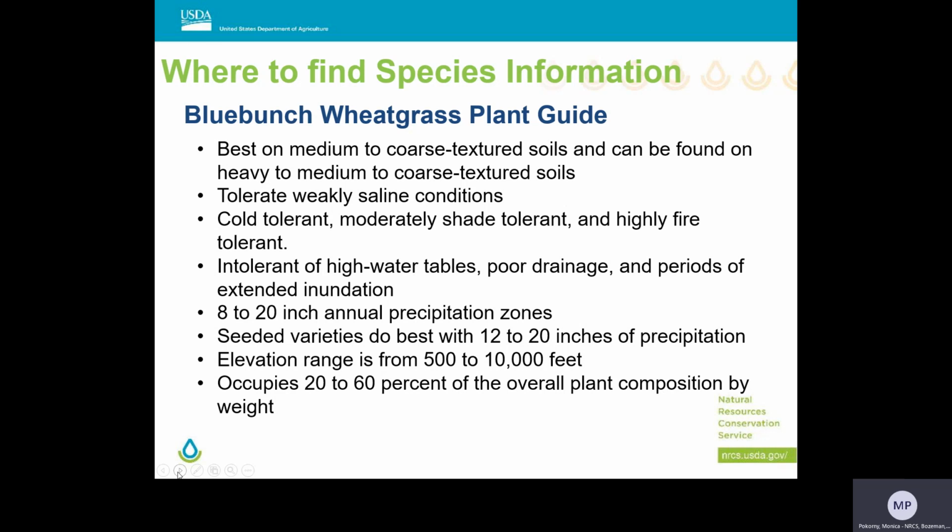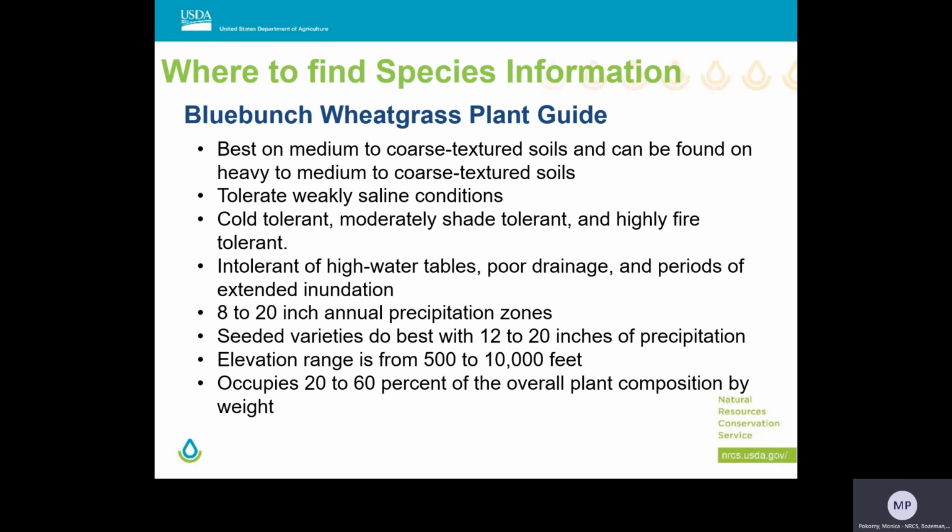And this is an example of the information you're going to find in our plant guides. You're going to find information on the soils where the plant is best suited, and also soils that it can be found on or maybe tolerate. There's going to be information on its tolerance to cold, shade, fire.